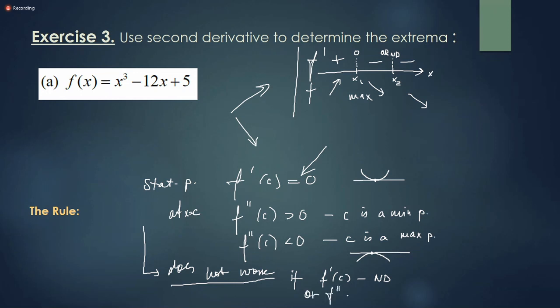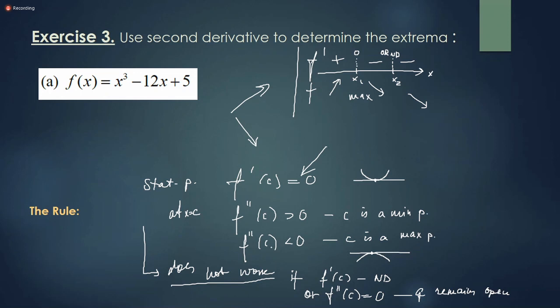Or if the second derivative is 0, because in this case, the question remains open. As I said, the question remains open, because this second derivative test does not give us any answer in this case.